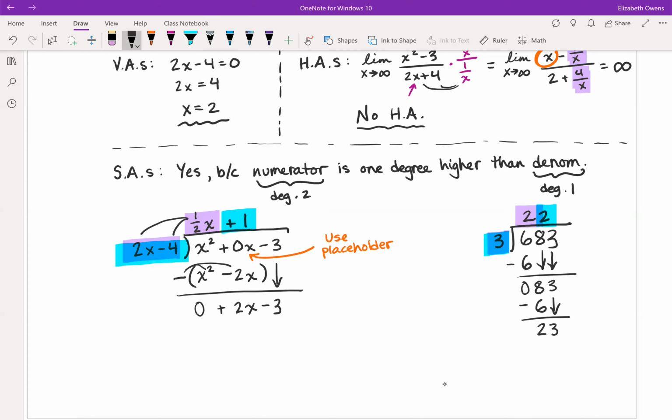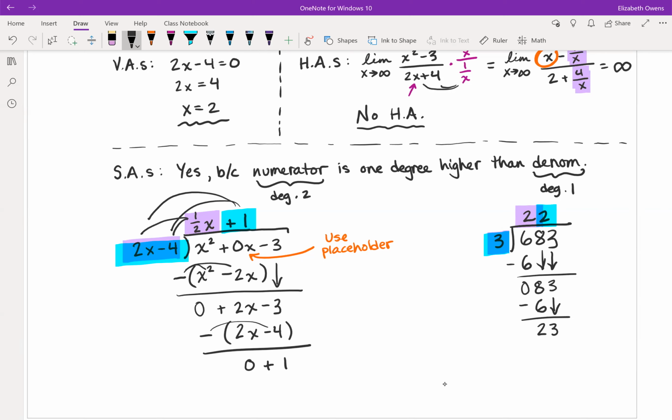Make sure you distribute to both terms. So you'd get 2x minus 4, and we're going to subtract that off. 2x minus 2x would be 0, that's good. And then negative 3 minus negative 4, so watch that double negative. Negative 3 plus 4 essentially is plus 1.